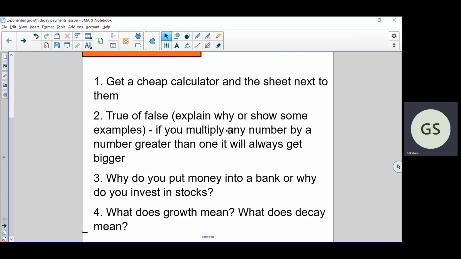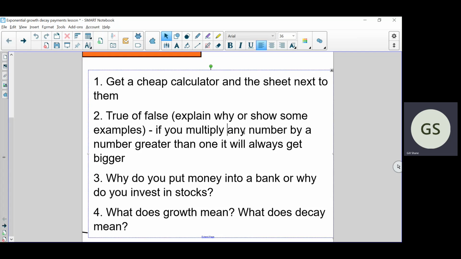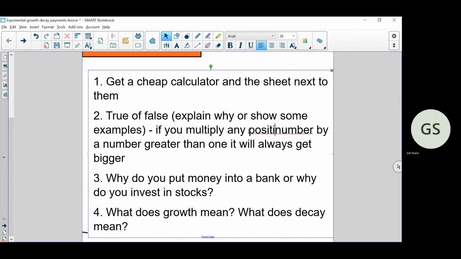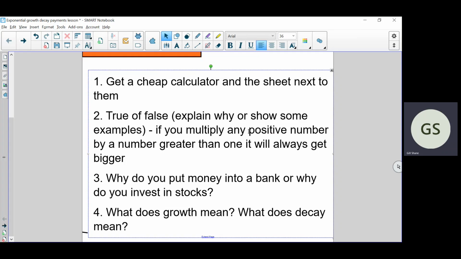The caveat is that I didn't write any positive number in there. So if you start with a negative number like -1, and you multiply it by a number greater than 1 like 5, you get -5. That's actually a smaller number. So if you take a positive number, though, that's what I really meant to put in there.